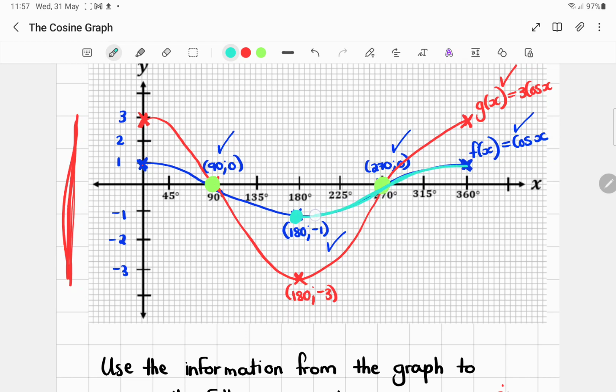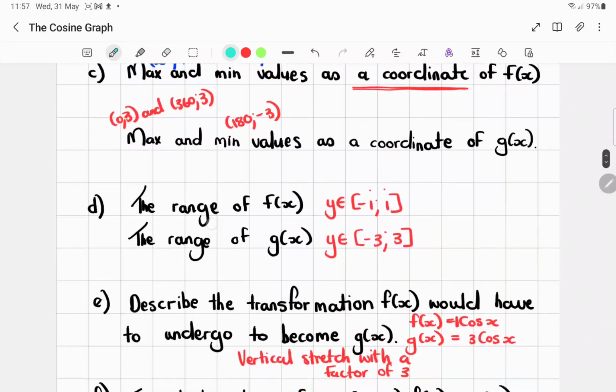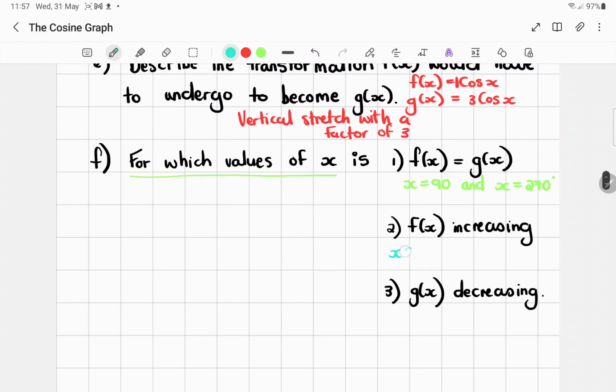So it's this part over here. But because they ask me for which values of x, I have to read it from the x-axis. So it's from 180 all the way to 360. So this part over here is where it is increasing. So x is an element of (180, 360).